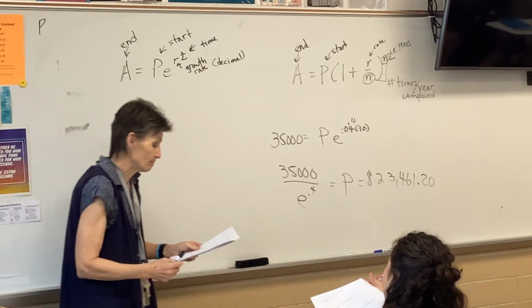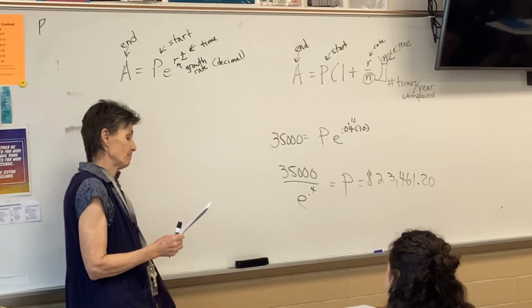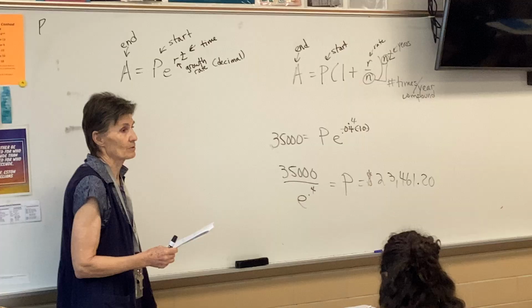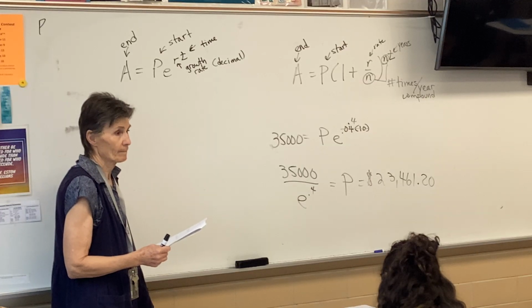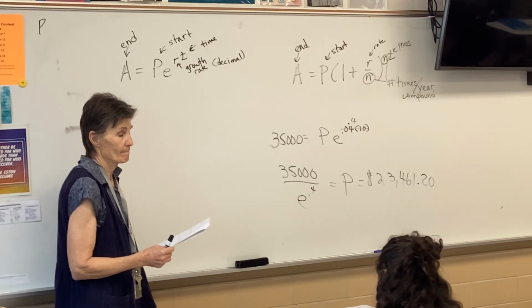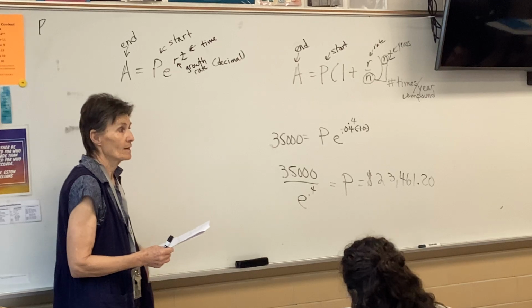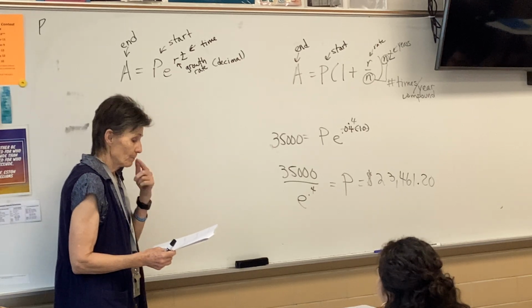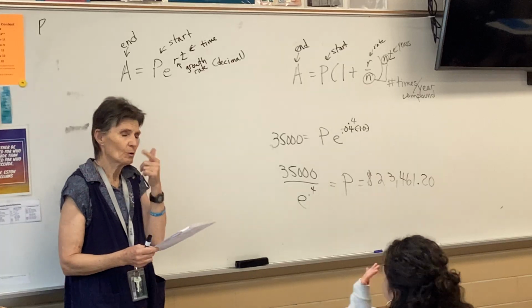Find the decay constant of an element if its half-life is 10.2 years. You gotta do the first one. Now, do this one for sure. Now, think about this for a second. You know what half-life is, right?